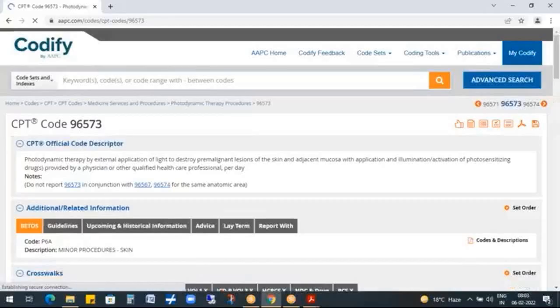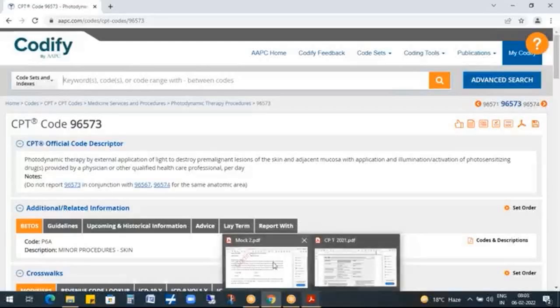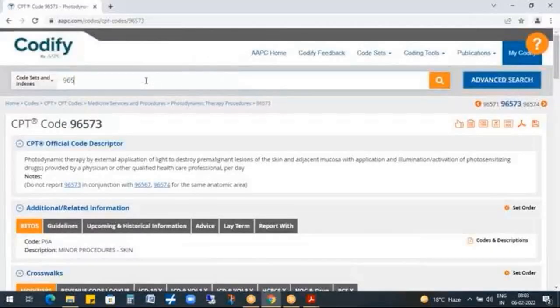If you see 96573, it is external application of light to destroy premalignant lesions of the skin or mucosa, provided by a physician or other qualified health care professional. That is one. The next option is 96567.